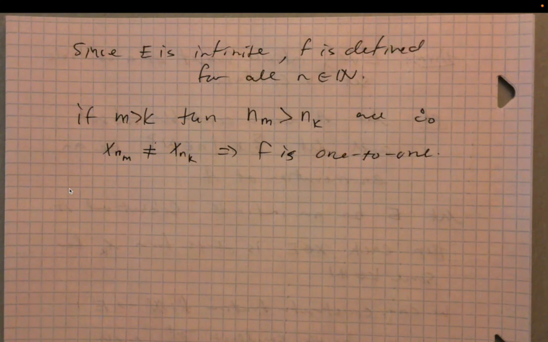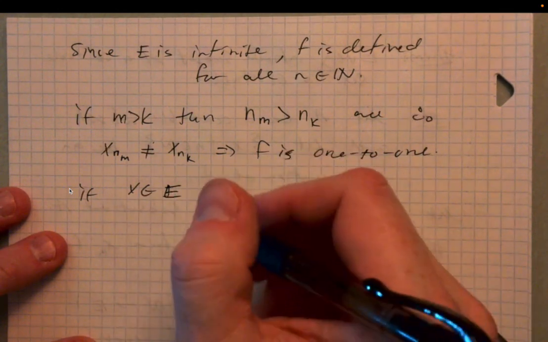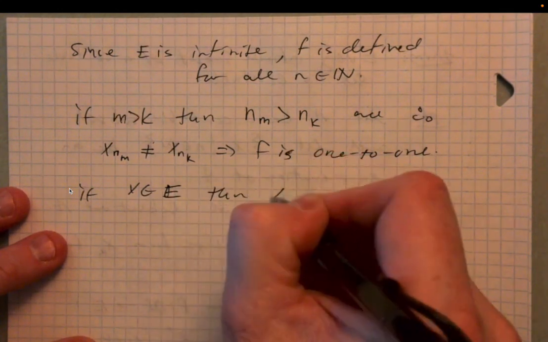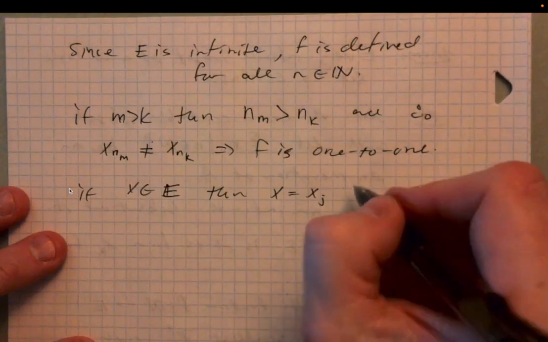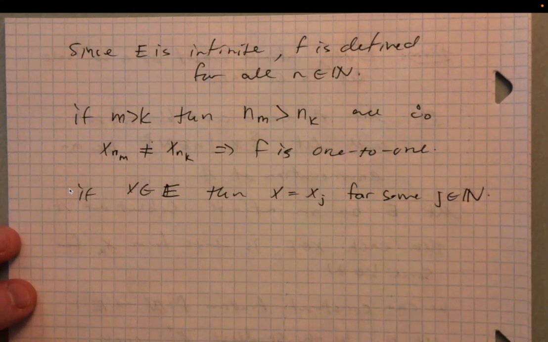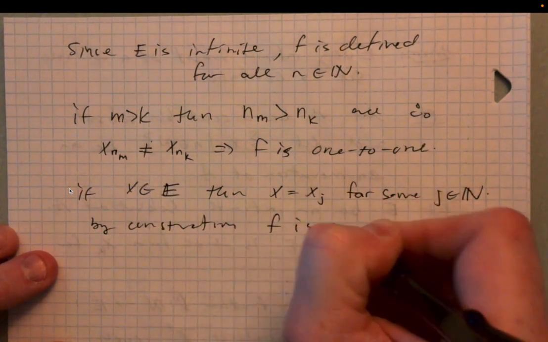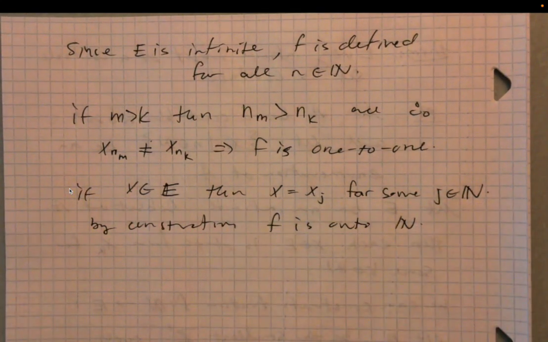The onto question: f is obviously onto E, since if x is in E, then x equals x sub j for some j in N. And so by construction, f is onto E. And that's basically what we need, isn't it?